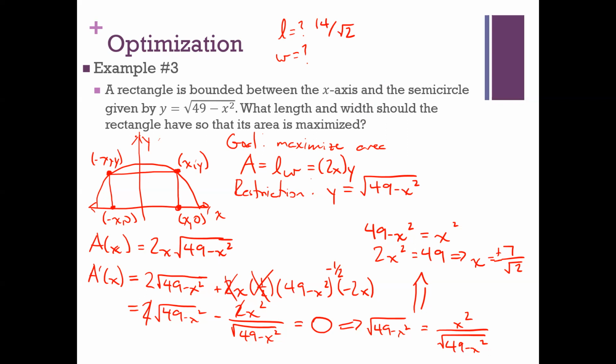How would we find it? 49 minus 49 radical 2. So I'll do a little work up here. The width is equal to y, right? Yeah. Which is equal to square root of 49 minus 49 over 2.